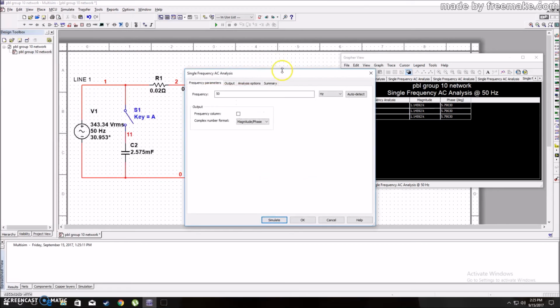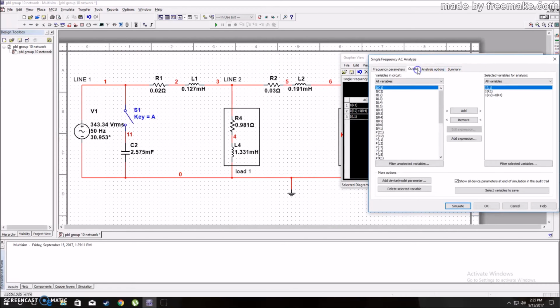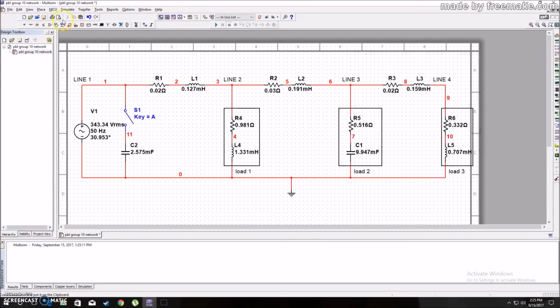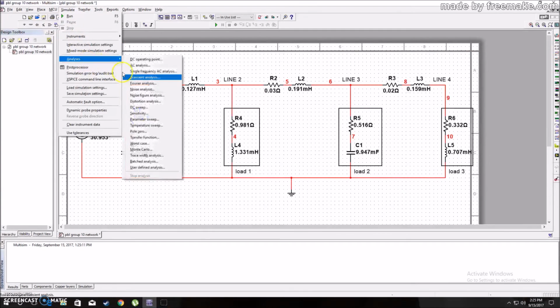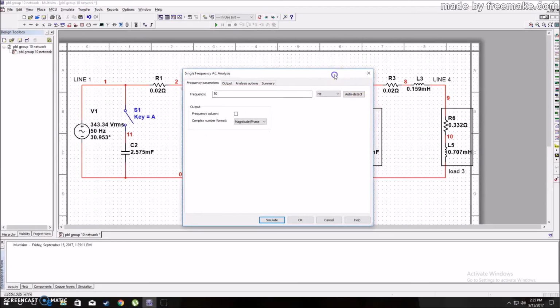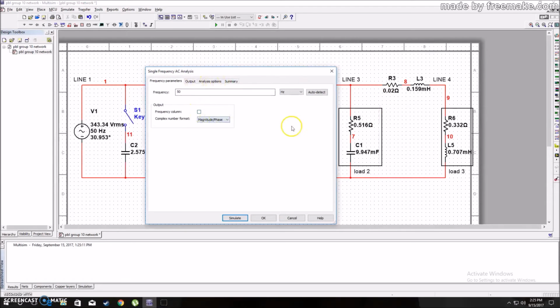So now I will simulate an example of how to measure the power at load 3.